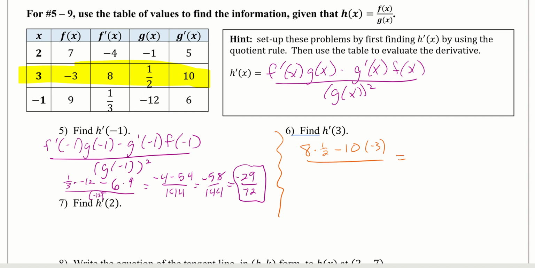Okay, and then the denominator is g squared, right? So it's 1/2 squared. So in the numerator, we have 4 plus 30 over 1/4, which is 34 over 1/4. And then if we skip, flip, and multiply, we'd end up getting 34 times 4, which is 136.